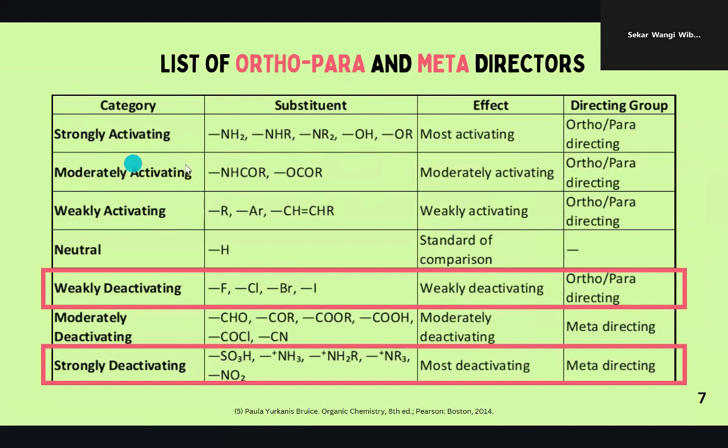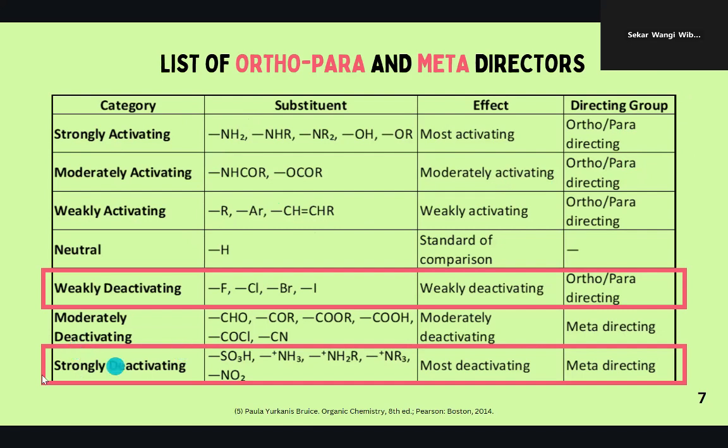The moderately activating groups can also do that, but to a lesser extent than the strongly activating groups. And alkyl groups have less electron donating effect compared to the previous ones, but they are still considered activating. And these activating groups are ortho-para directors.